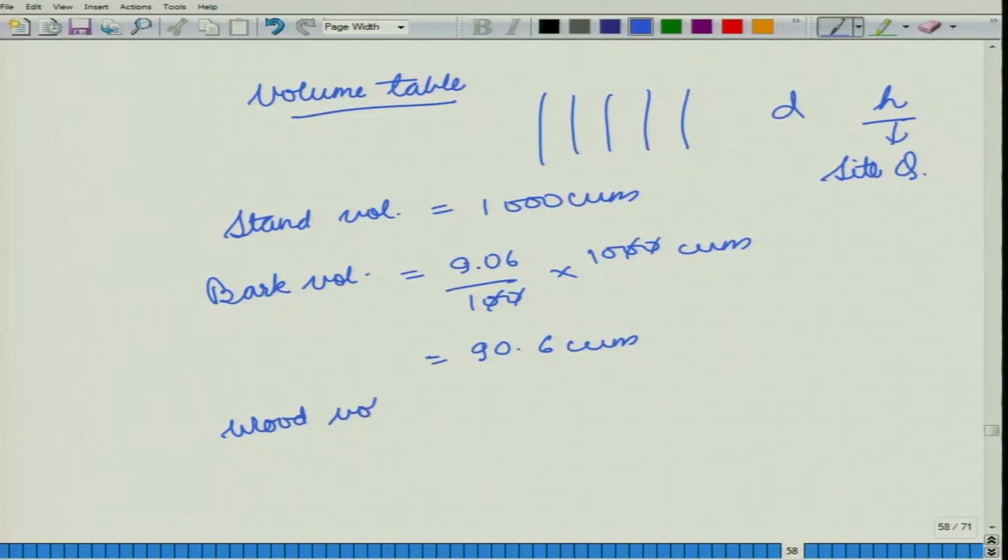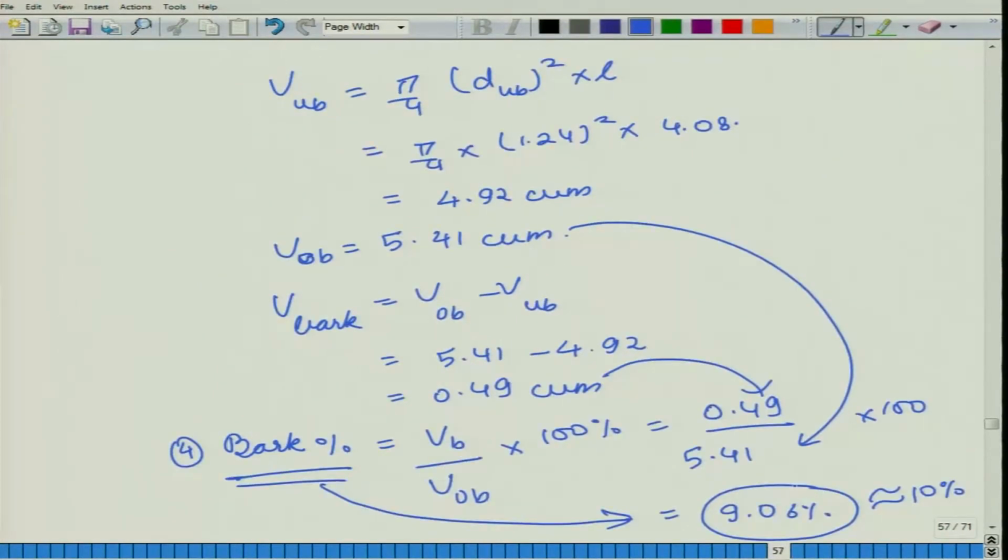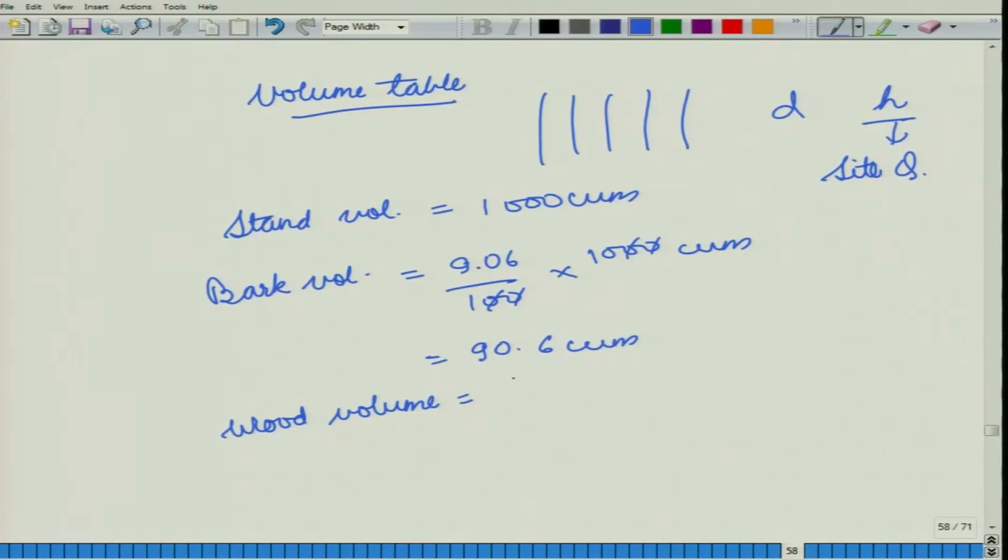And what would be the wood volume? If you have 9.06% as the bark percent, we would have wood percent equal to 100 minus 9.06, which is 90.94%. So, in this case we would have 90.94% of 1000 cubic meters, which is 909.4 cubic meters.